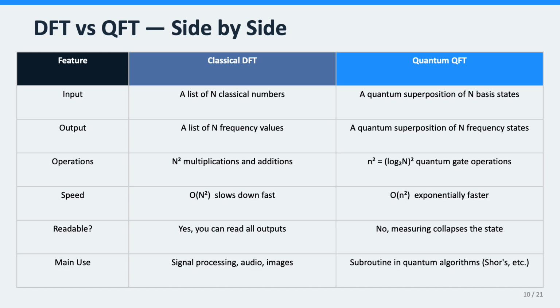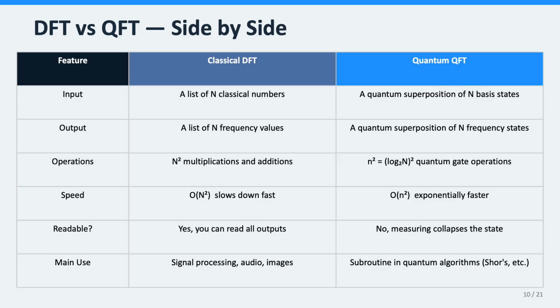All right. Looking at the DFT and QFT side by side really brings home how similar they are in purpose but how different they are in power. Both transforms take some form of input and produce a frequency domain output.